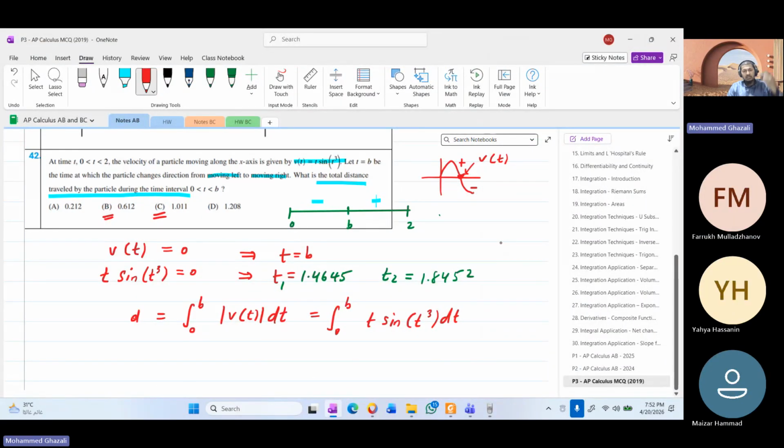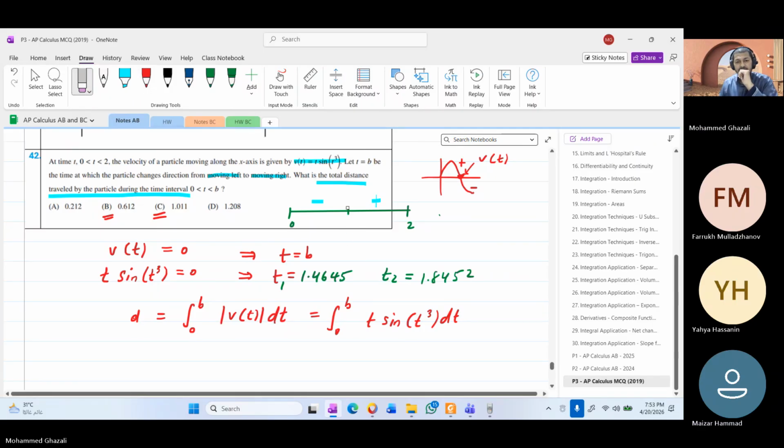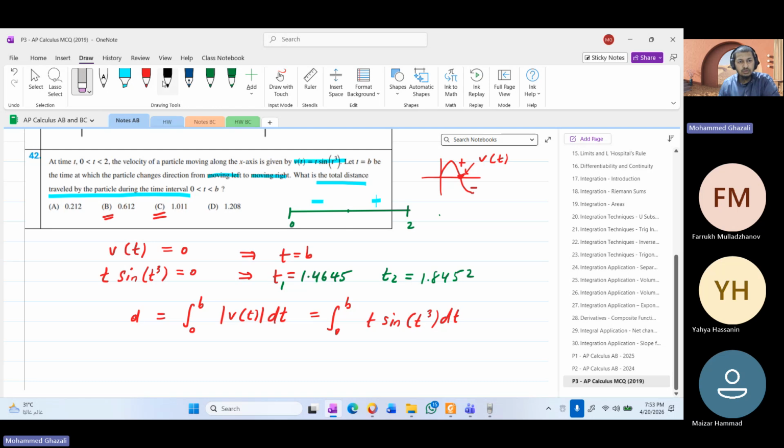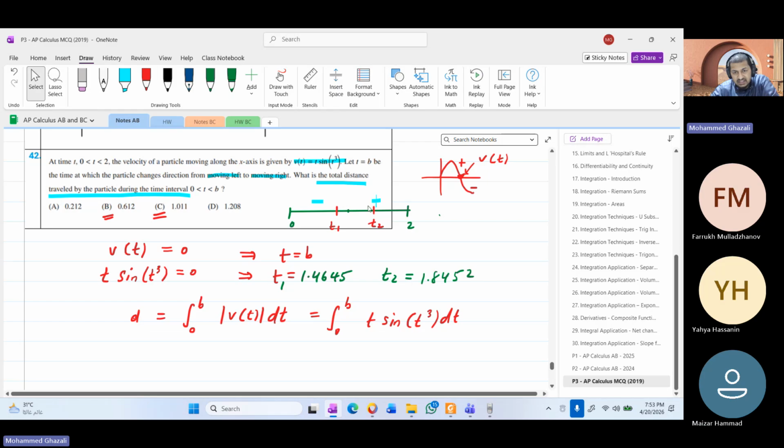So where should we integrate from? Moving left to moving right. Moving left, the velocity must be negative. Wait, we got two different t values, right? So we got t1 and t2. I want you to figure out the signs in between so we know exactly which one to take.